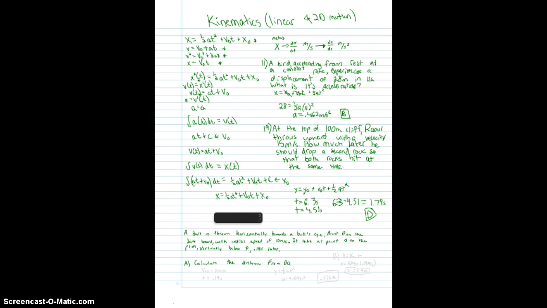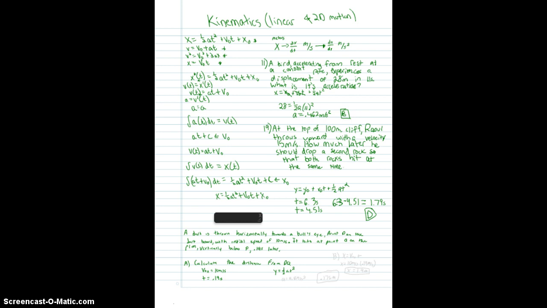To do this, we have an initial velocity in the x direction of 10 meters per second, and the time it takes to fall from P to Q is 0.19 seconds. So we can use this equation, y equals 1/2 at squared, to get the displacement of the dart.